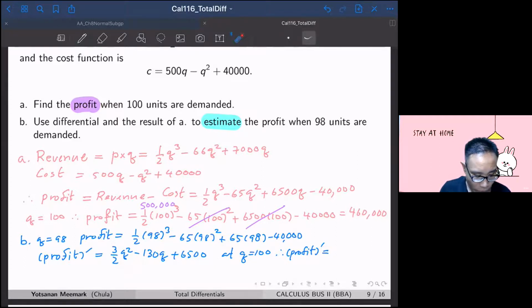This one turned out to be 1.5 times, Q equal to 100, so 3/2 times 100 times 100. Let me calculate this one for you. So it's going to be 50, and it's going to be 15.